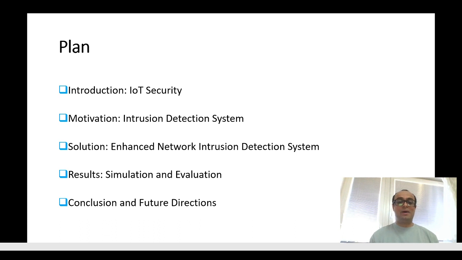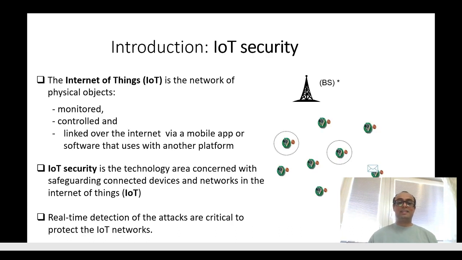Second, I will explain our motivation about the intrusion detection system. Then I will explain our solution, which is called Enhanced Network Intrusion Detection System. Then I will explain the obtained results, and I will finish with a conclusion and mention some future directions. Okay, let's start with the general introduction about IoT security.